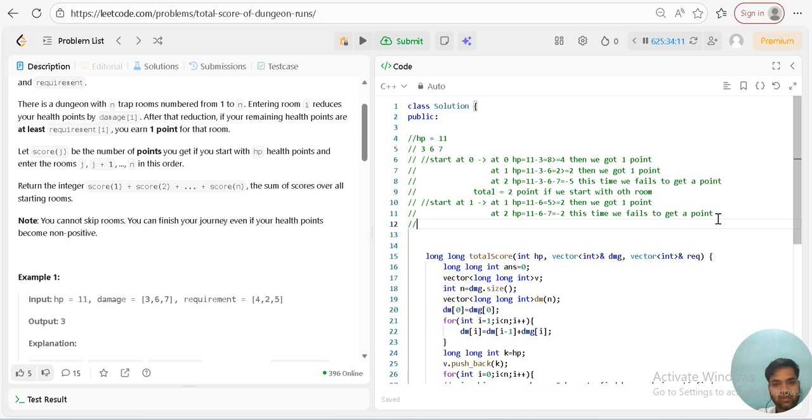Also we have to start at 2, and at that time at 2 HP is 11 minus 7, which is 4. So this time also we fail.